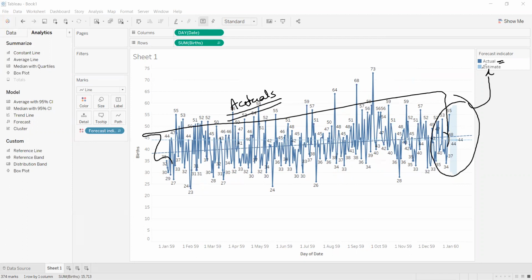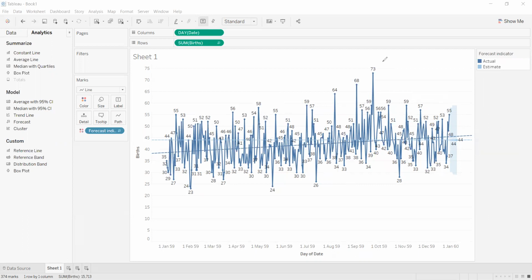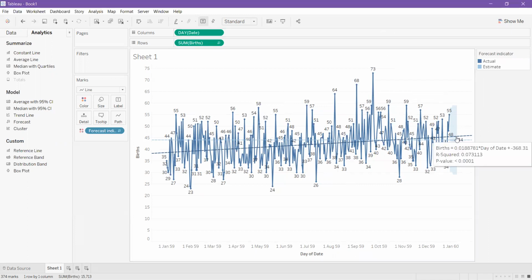You see, it is already labeled over here. This is where the estimate is. I'm going to analyze this estimate and see how much it is spread out. And that is going to give us a good measure of how good or how bad the prediction is.